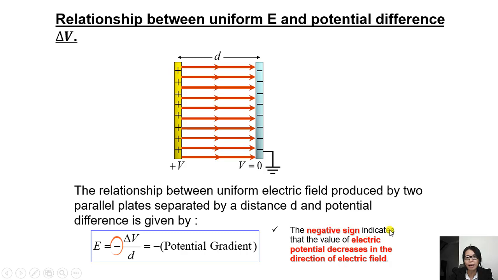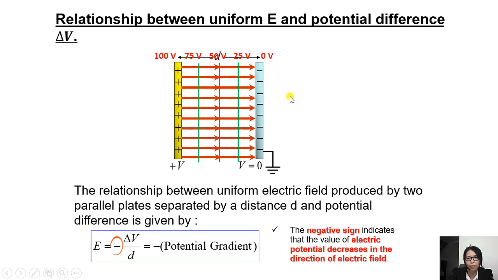The negative sign indicates that the value of electric potential always decreases in the direction of electric field. For example, the positive plate here is 100 volt. In the direction of electric field, the value of potential is decreasing: 75, 50, 25 volt, and here is 0 volt.